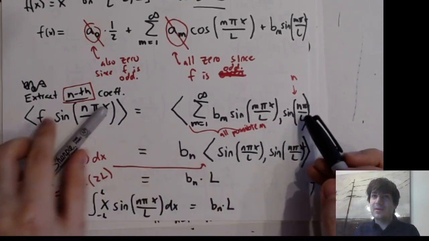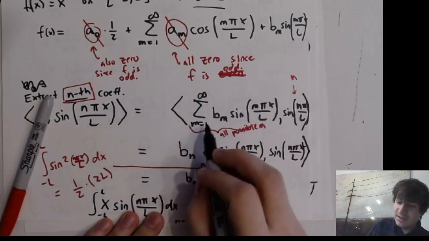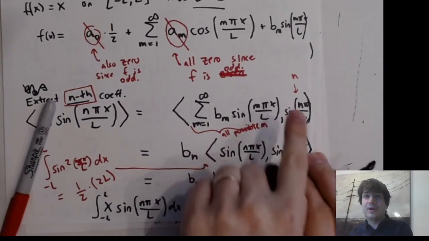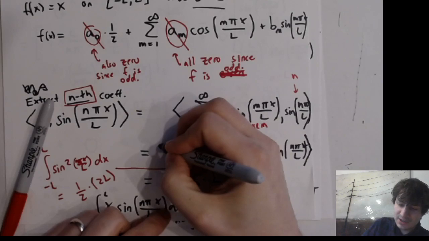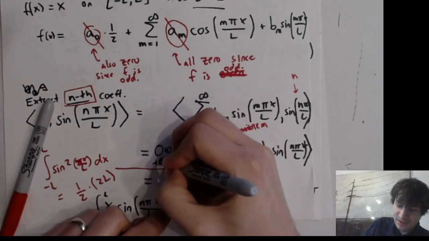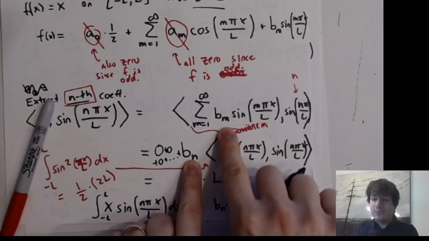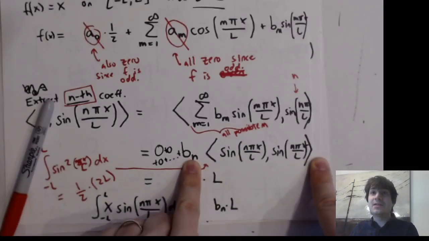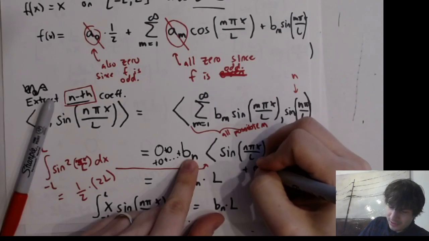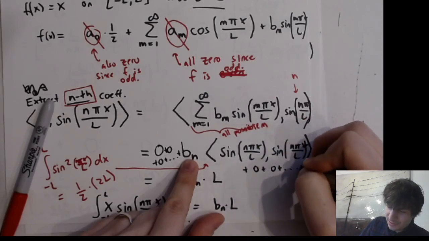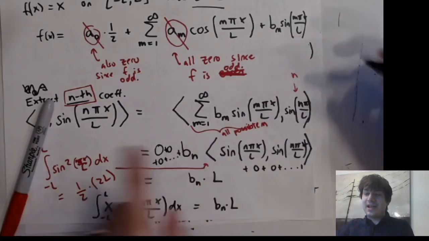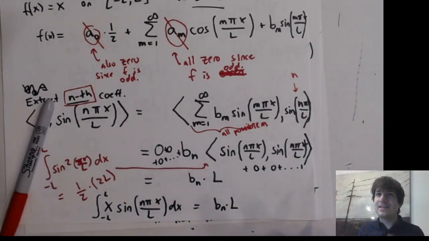So actually, maybe the term I left off: when you do this inner product, you get a bunch of zeros. You get infinitely many zeros, actually. So you get 0 plus 0 plus 0 plus dot, dot, dot. And then, miraculously, in the nth slot, when m equals n, you get something non-zero. And then afterwards, you get more and more zeros, plus 0, plus 0, plus 0. So I wouldn't say that n equals m.